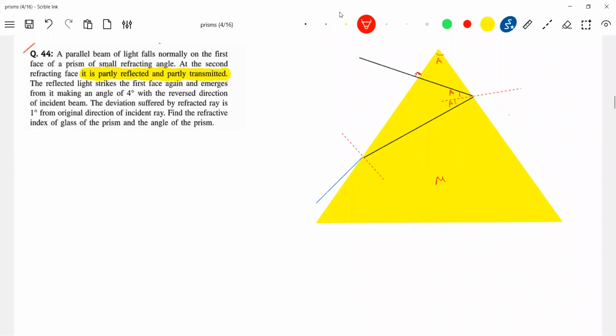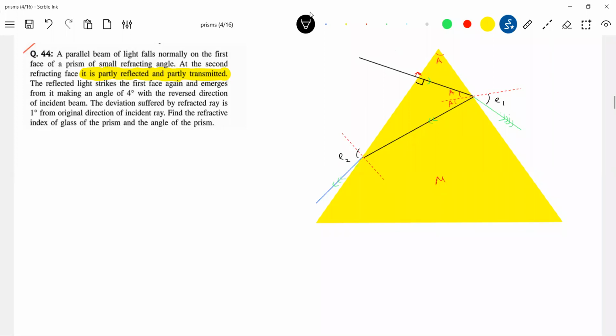A part of the ray will be transmitted, moving from denser to rarer. Take it like this: this is the emergent angle E1, this is E2.